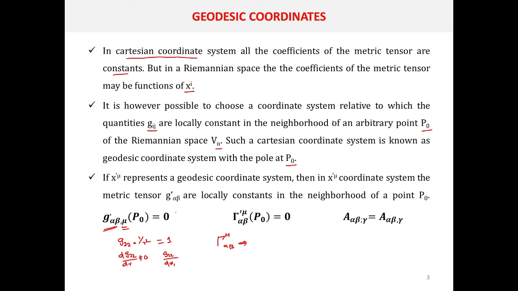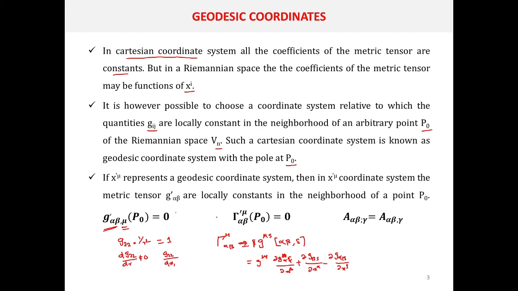The value of Γ^μ_αβ is g^{μs} times [αβ, s], where [αβ, s] = ½ (∂g_αs/∂x^β + ∂g_βs/∂x^α − ∂g_αβ/∂x^s). Since the coefficients of the metric tensor are constant, all these derivatives will be 0.